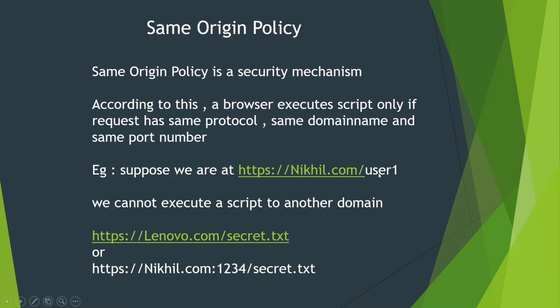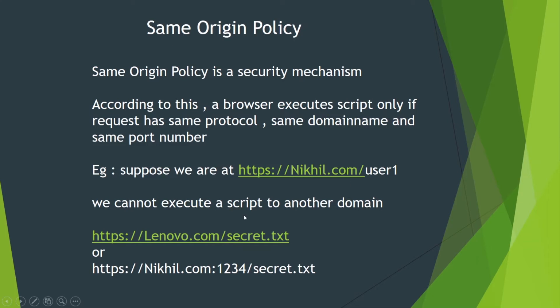Suppose I load a JavaScript into this nikhil.com, and I say https lenovo.com secret.txt. Let's think there is a secret.txt file, and I put this get request or post request using any form, using the JavaScript in nikhil.com, and ask for lenovo.com secret text.